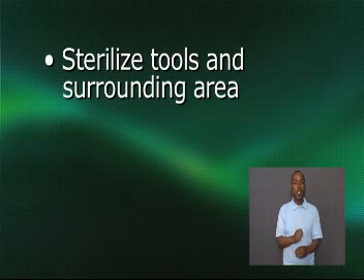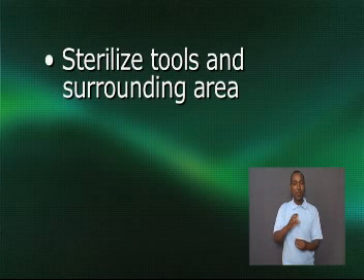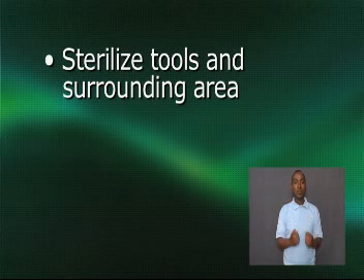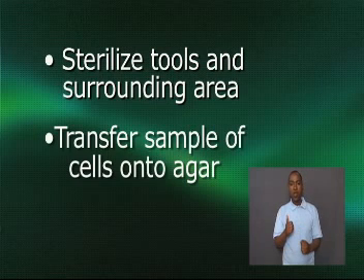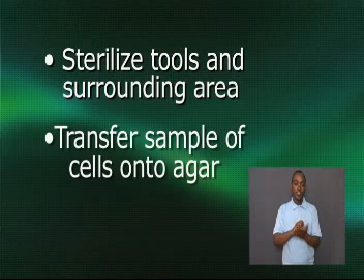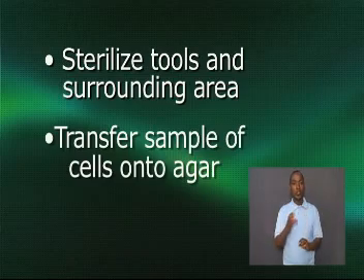To sterilize the area, chemicals or heat sources such as dry heat or hot air oven must be used. The tool used to transfer the microorganisms to the agar, which is called the inoculating loop, must be sterilized. This is done by holding it over a flame and then letting it cool.